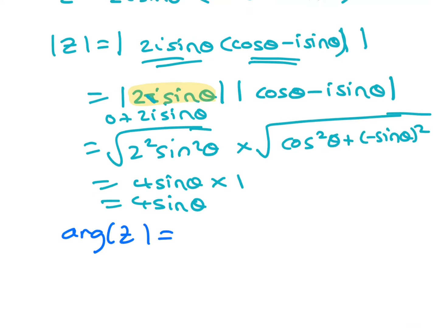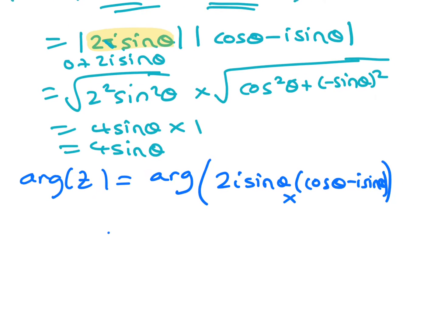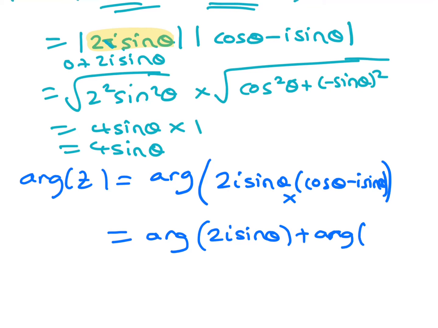Okay, now when you want the argument of z, that would be the argument of 2i sine theta times cos theta minus i sine theta. So there are two complex numbers there, and they're multiplying. So it's the argument of 2i sine theta plus, because we're multiplying, the argument of cos theta minus i sine theta.